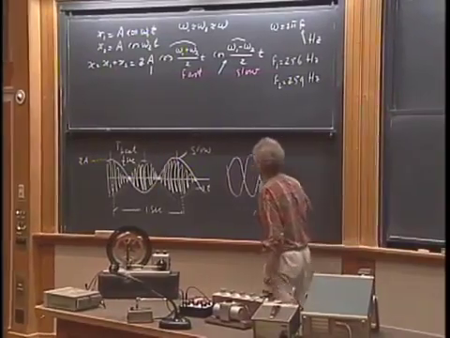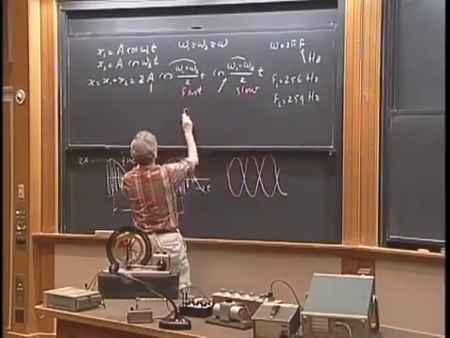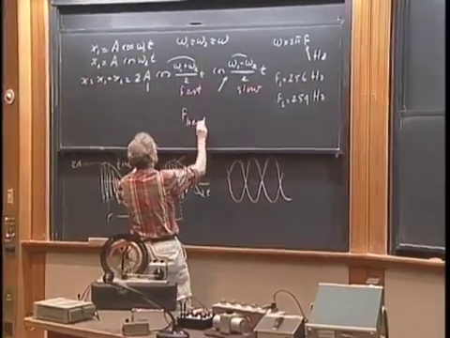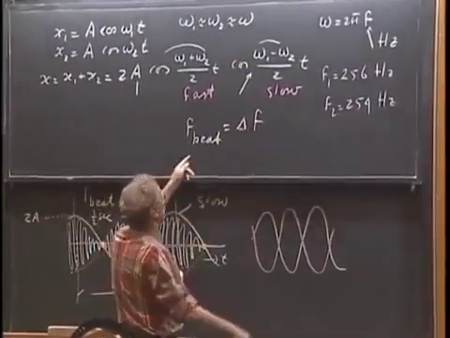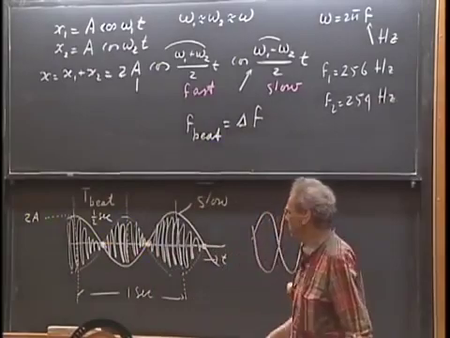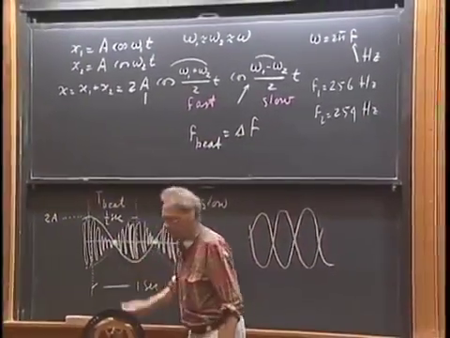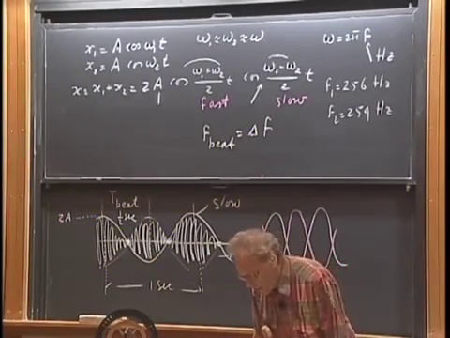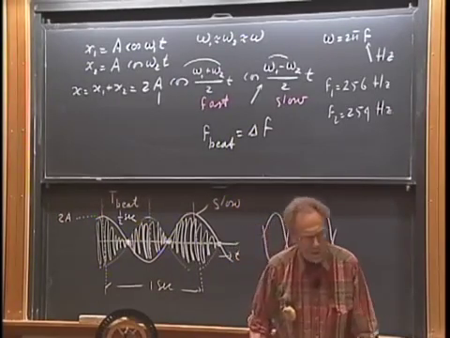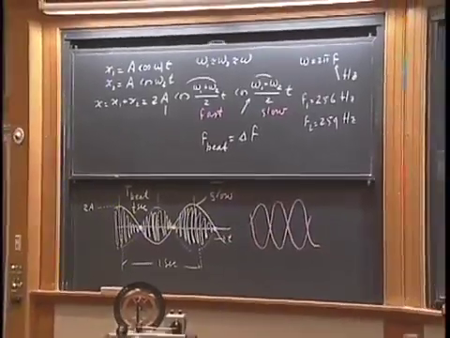And the frequency of the beat, f beat, is then defined as delta f. In our case, 2 hertz. Indeed, you see that the beat period is half a second. A very nice way to demonstrate this is to make you listen to it.